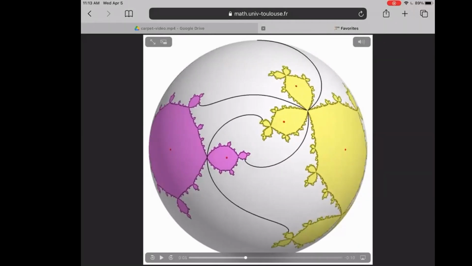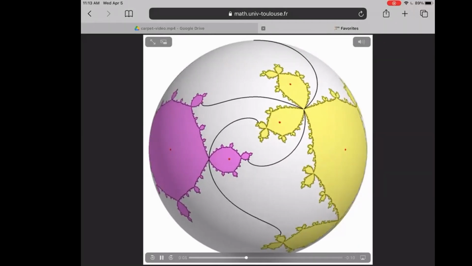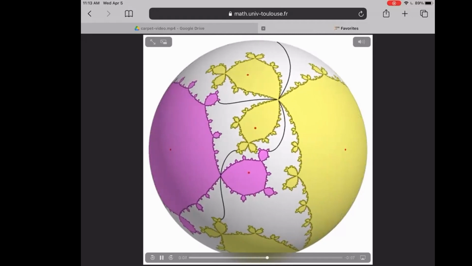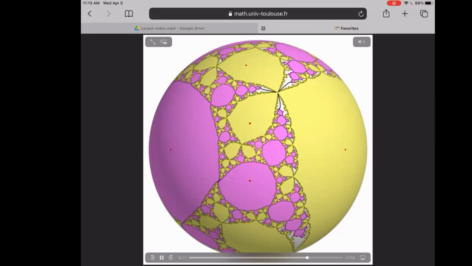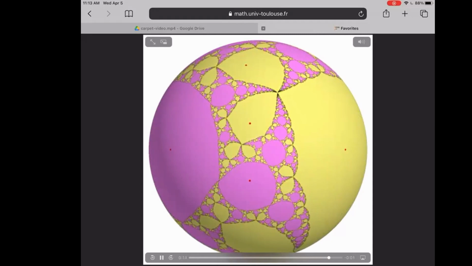And you should maybe be following around these lines to see how they're shrinking. Yeah, and then what you get now is the mating of the basilica and the rabbit, where they now have a common Julia set, which is the image of both the basilica's Julia set and the rabbit's Julia set.